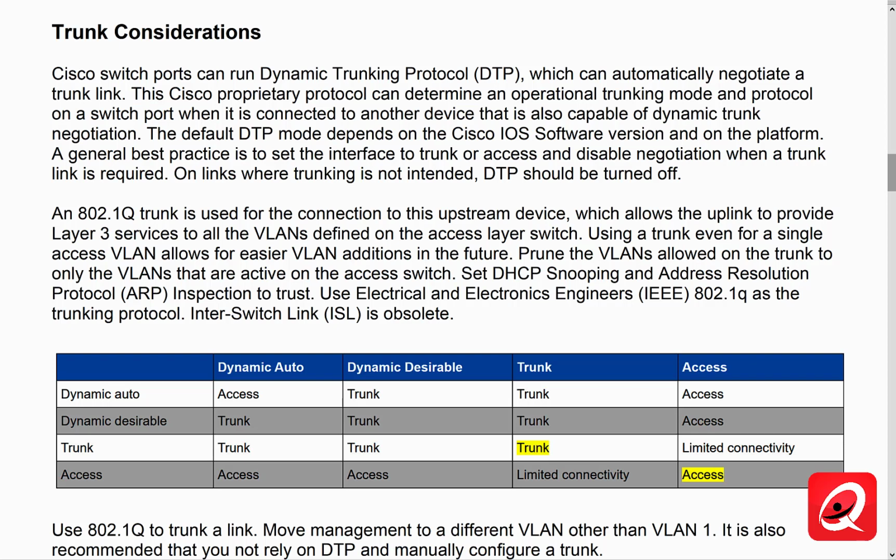18 bytes if you count the frame check sequence, but we would always have that frame check sequence anyway. So you're talking about more than doubling the size of an Ethernet frame just so that you can identify the VLAN that a particular port might belong to. So 802.1q has become the standard tagging method.